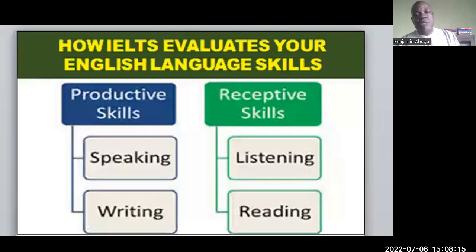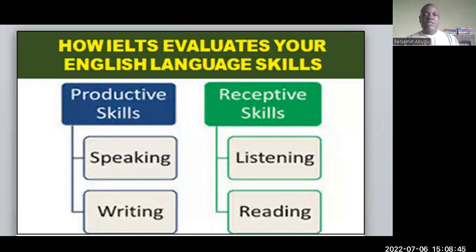Now, how does IELTS evaluate your English language skills? IELTS evaluates your English language skills in four ways. That is, examining or evaluating your performance in the four basic language skills: speaking, writing, listening, reading.